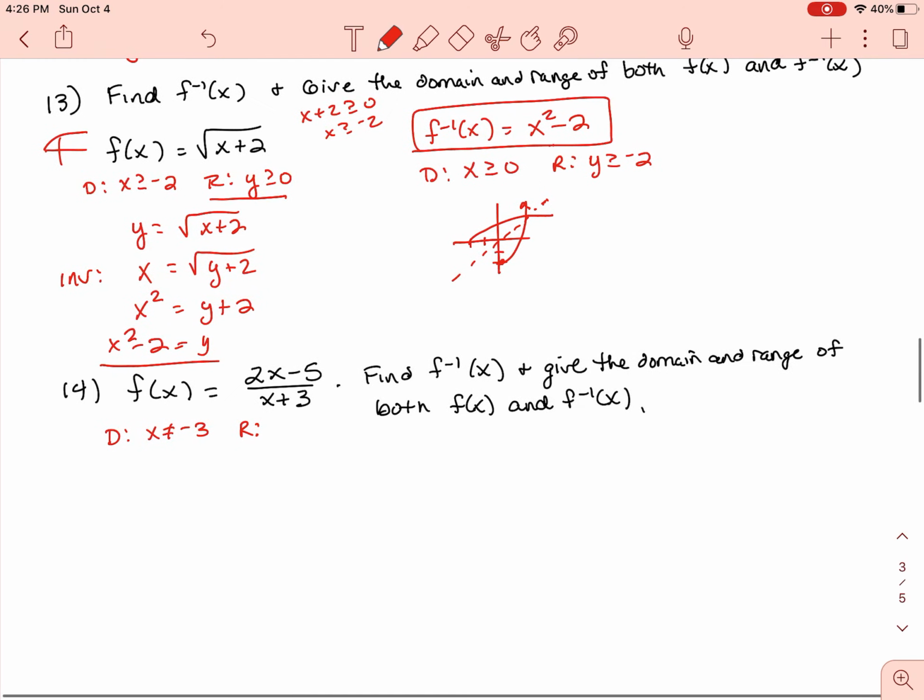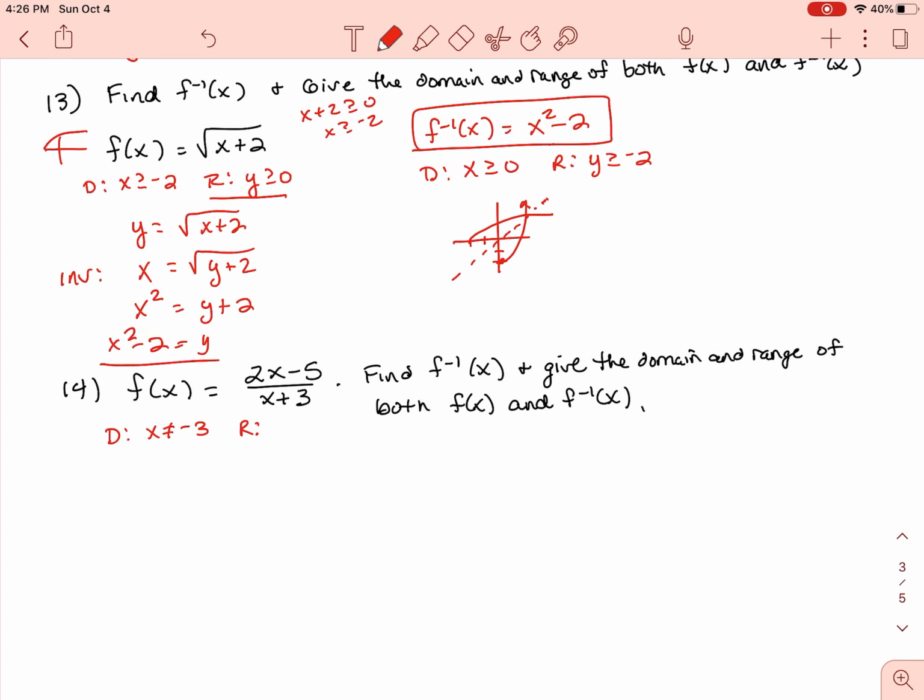I'm sorry, what did I just say that for? It is a rational function. Sorry about that. It's a rational function. And you're going to have a horizontal asymptote at y equals 2. So your range is going to be all reals. Y cannot equal 2. I'm not going to go through and graph that right now, but let's go ahead and find the inverse.